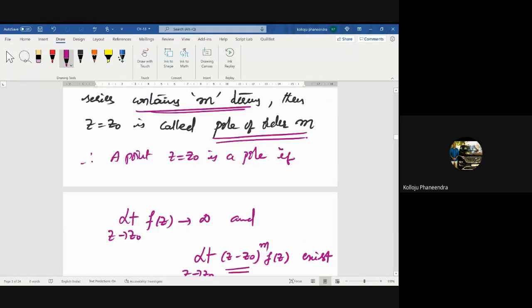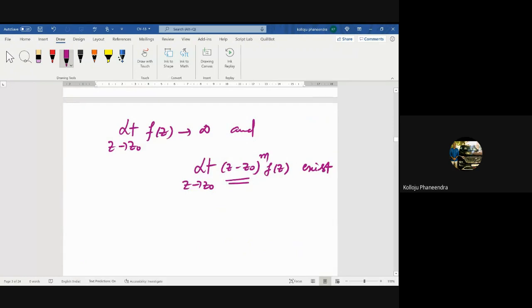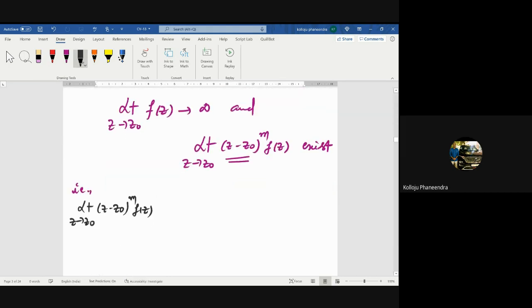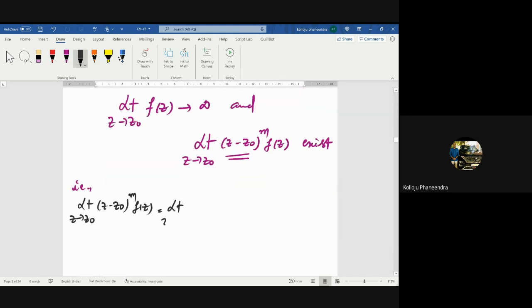Let me write for your clarification, if there is still any doubt. Limit z tends to z naught, z minus z naught whole power m into f of z, for a pole of order m. What does this become? Limit z tends to z naught. The first term becomes, done. Similarly, the next term becomes whole power m plus 1.